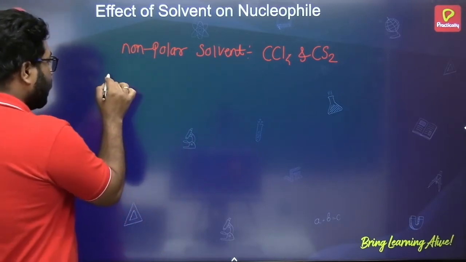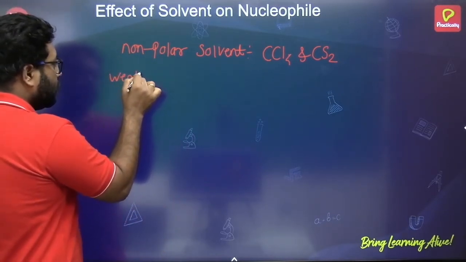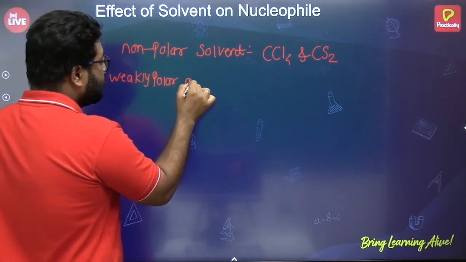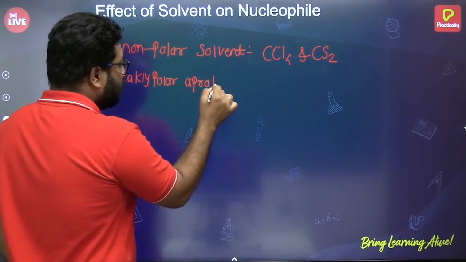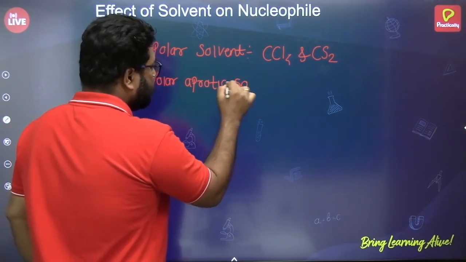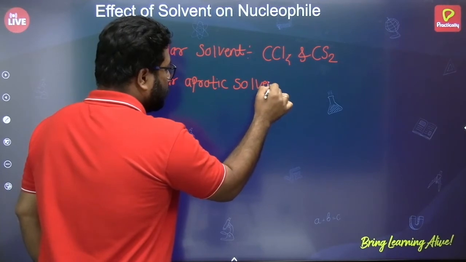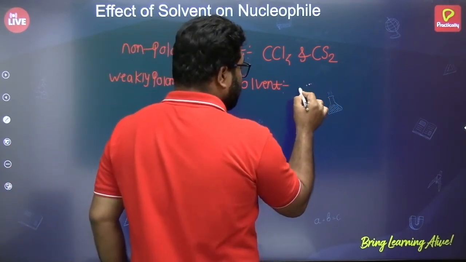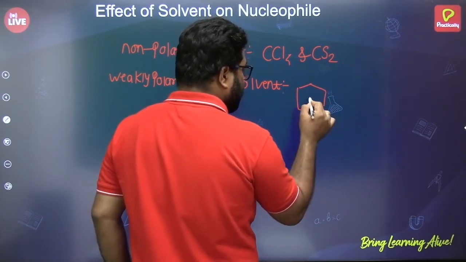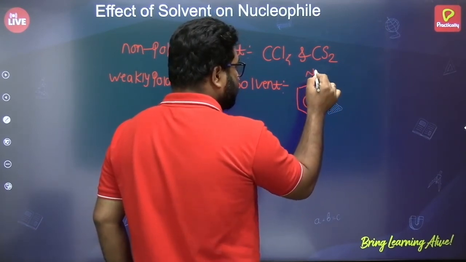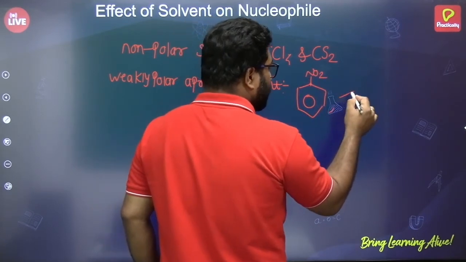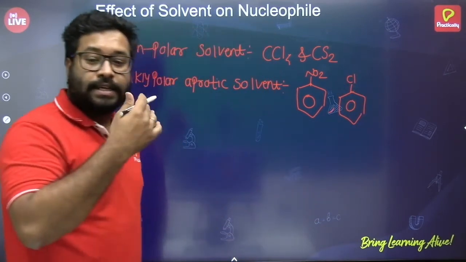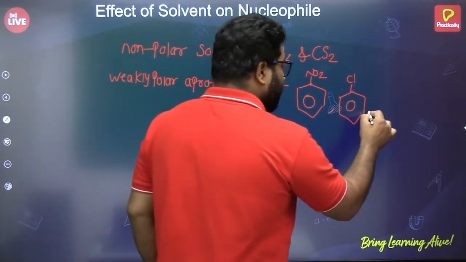Then you have weakly polar aprotic solvents, for example nitrobenzene. This is the one. Then you have chlorobenzene, then you have acetone.